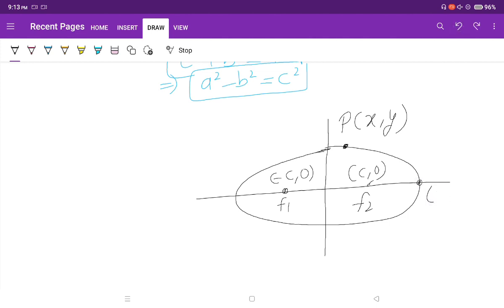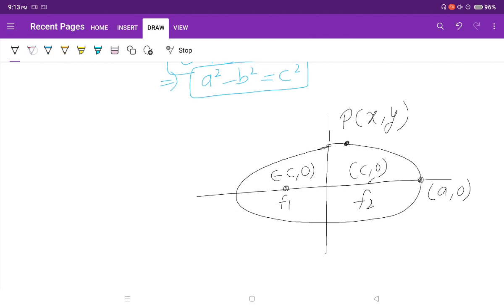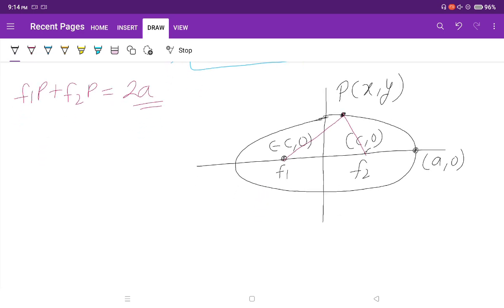right? So we have only one simple definition: the distance F1P plus F2P equals what? We have F1P plus F2P equals 2a, correct? So let's use this equation.